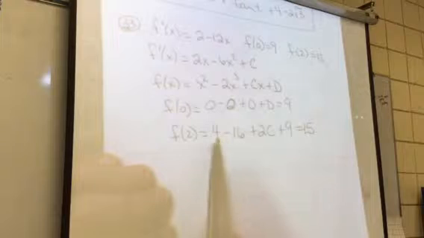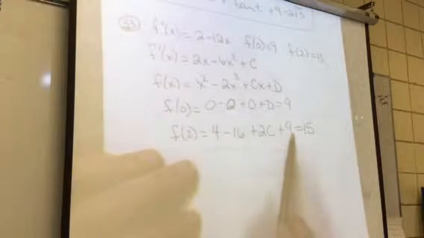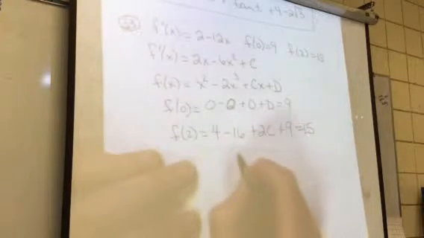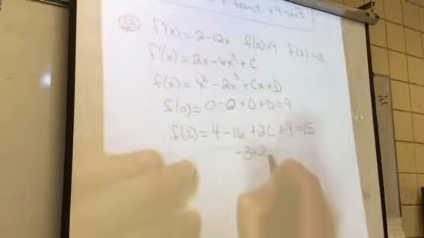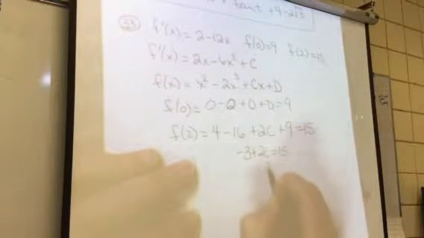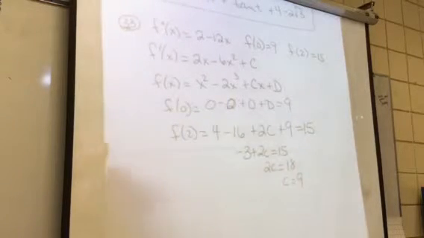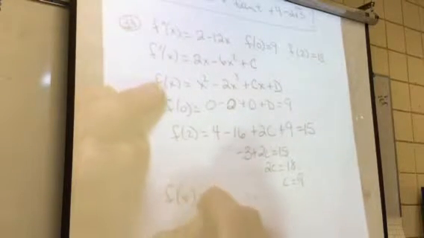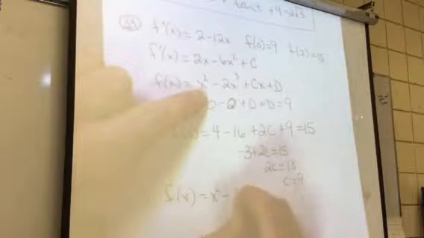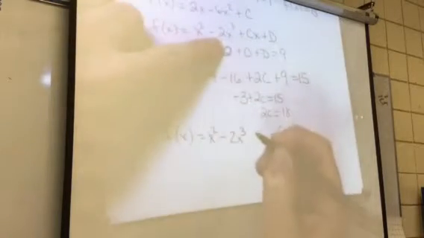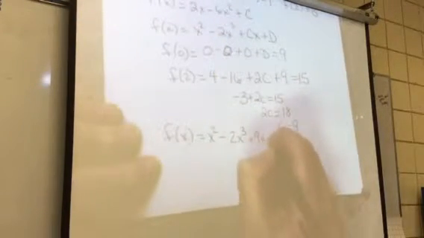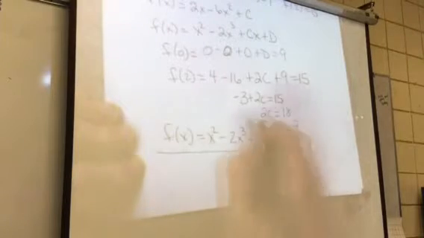Okay, so 4 minus 16 plus 9 is... 2c is 18. So do we get c is also 9? Yep. Okay. So f of x turns out to be x squared minus 2x cubed plus 9x plus 9. Yes, Bennett?